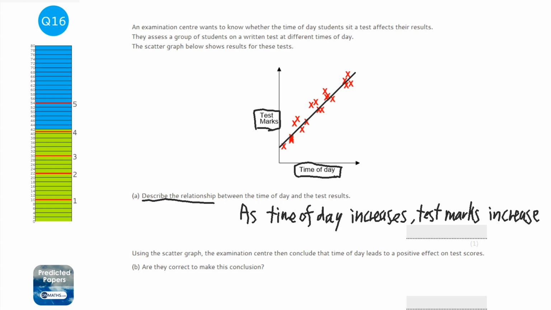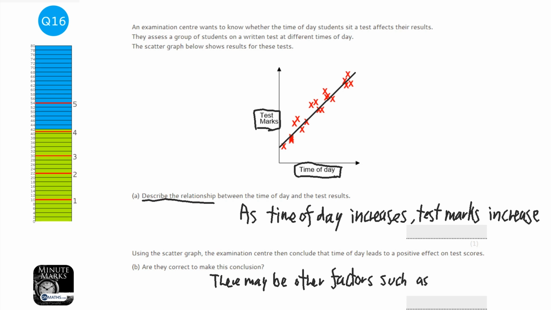Basically, this is a question about the fact that just because 2 things correlate does not mean that one causes the other. So a sentence like, there may be other factors such as, I don't know, what else?